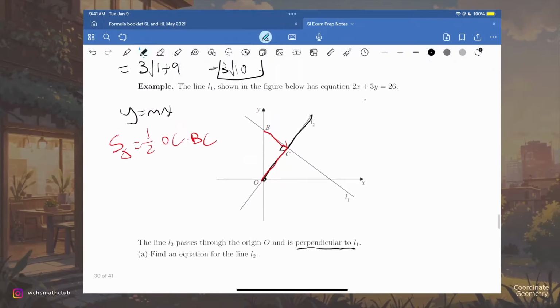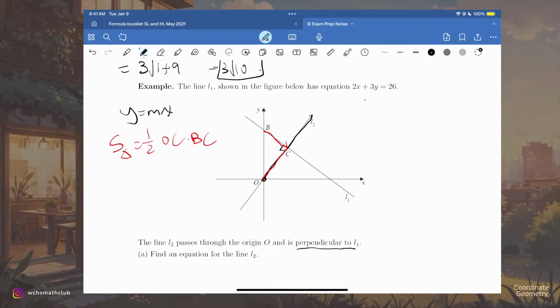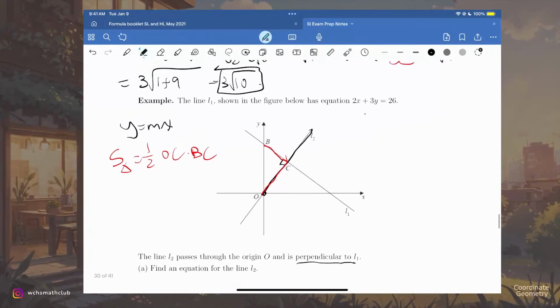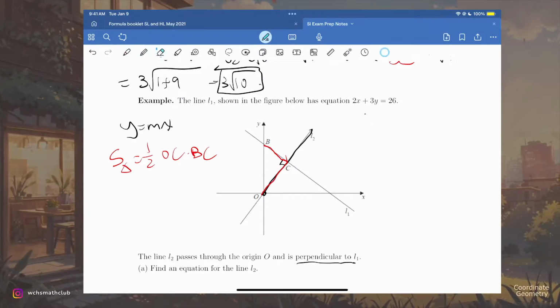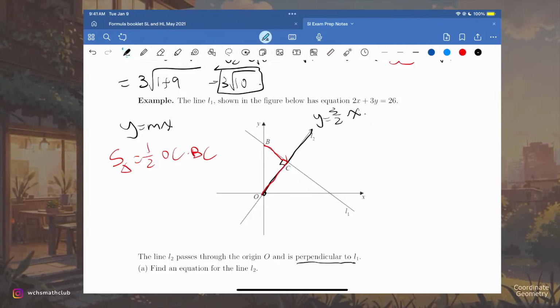Alright, first we compute C. We have 2x plus 3y equals 26, and I unfortunately erased it here, but this line L2 is actually y equals 3 over 2 x.